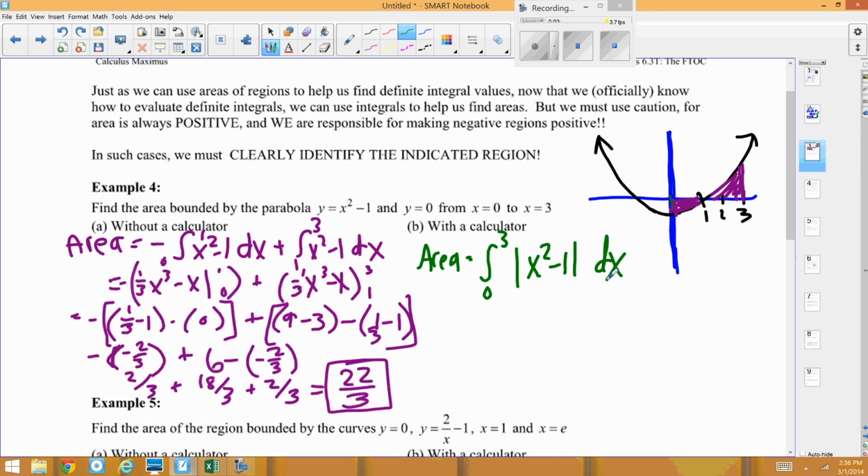This way you don't have to worry about the negative regions because it's going to bump the graph up. Okay, so anything that's on the bottom is now going to be on the top, so it actually makes it look like this. It's just a little bit funkier equation, but now the area is up here. Okay, and you'll get the same amount. You should get 22/3. Great.